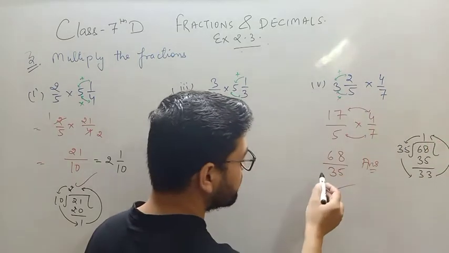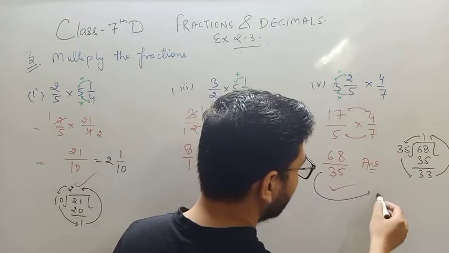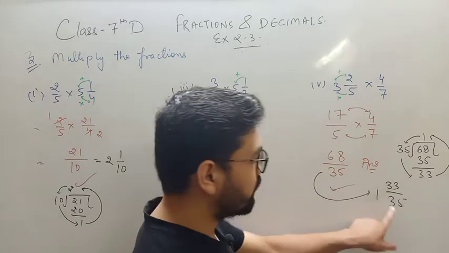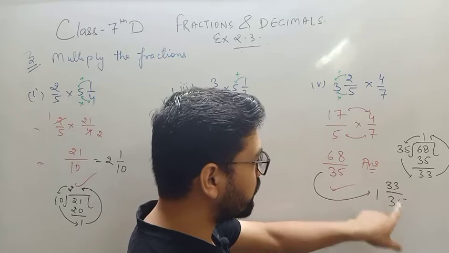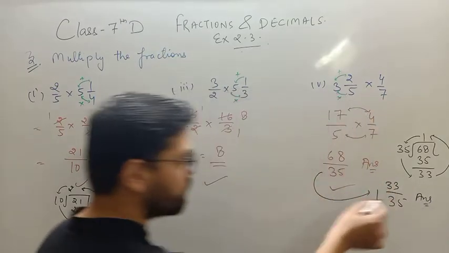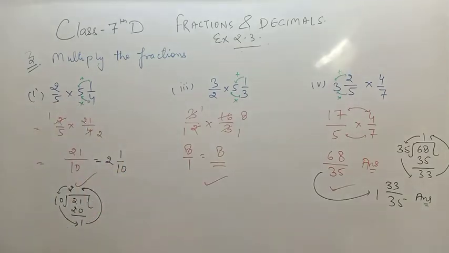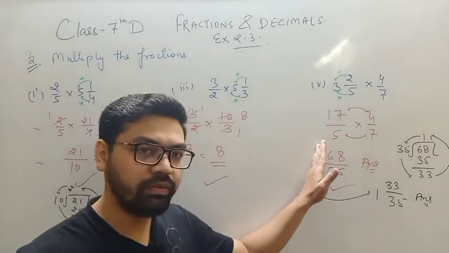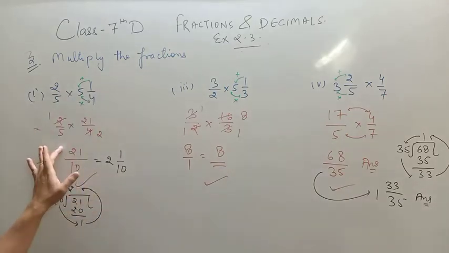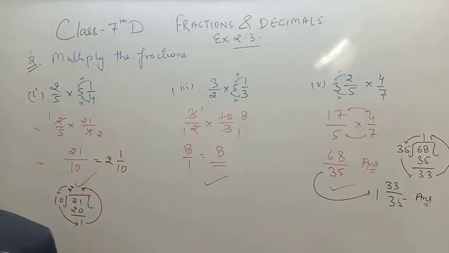So you can simply represent this like this: 1 33 upon 35. So 35 1s are 35 plus 33 will give you 68. So this is the representation of this fraction as a mixed fraction, okay. So in this way you have represented the simplest fraction as a mixed fraction as you did here. 21 by 10 can be written as 2 1 by 10.